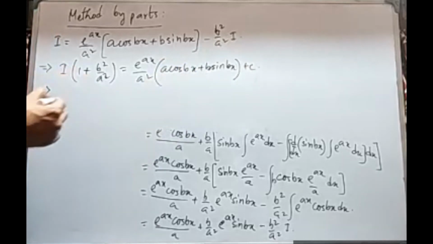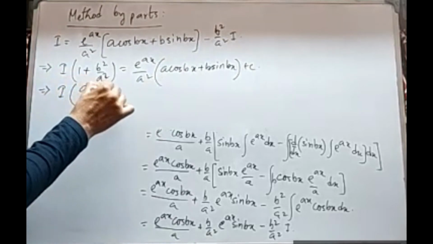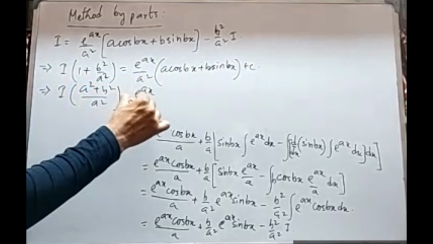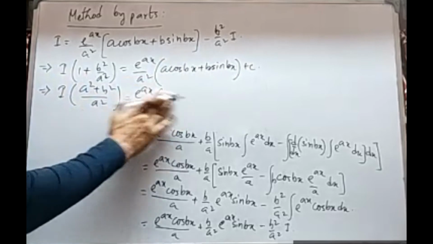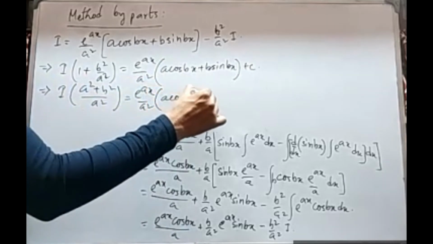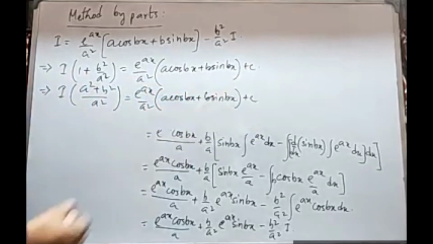So if you take the LCM, you are getting I into a square plus b square by a square equals e to the power ax by a square into a cos bx plus b sin bx plus c.